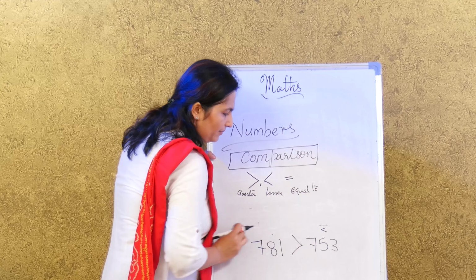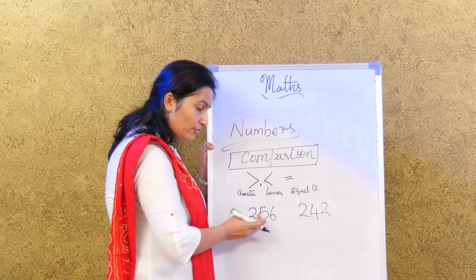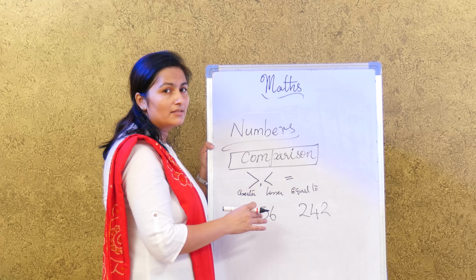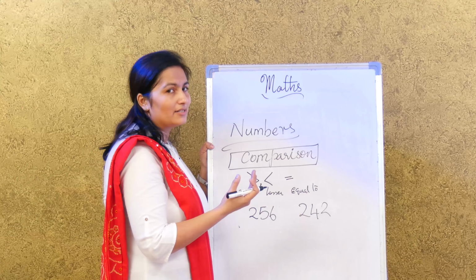Let's take another example, 256 and 242. Again the same question is before us. They both are 3-digit numbers, they both are in the 200s. So how do we know which is greater? For that, first we will take a look at the hundreds. Okay, the hundreds are the same here.